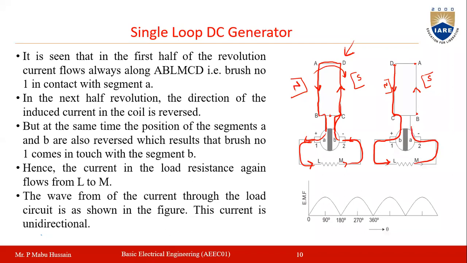So if you use the commutator, you will get the current in only one direction. During 0 to 180 it will be in the same direction, and 180 to 270 also in the same direction. You are getting a DC voltage like this when you use the commutator. So this is about the single loop generator.